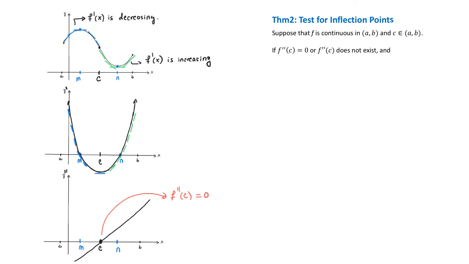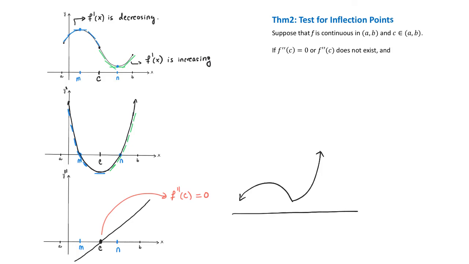However, the graph doesn't have to be differentiable at an x in order to have a point of inflection. For example, I can have a function like this, and then moving up in that direction really quickly.